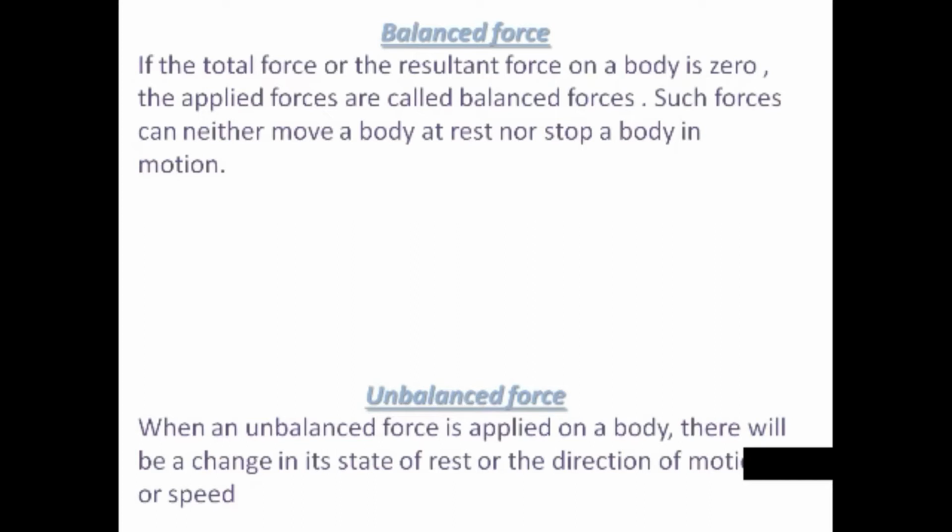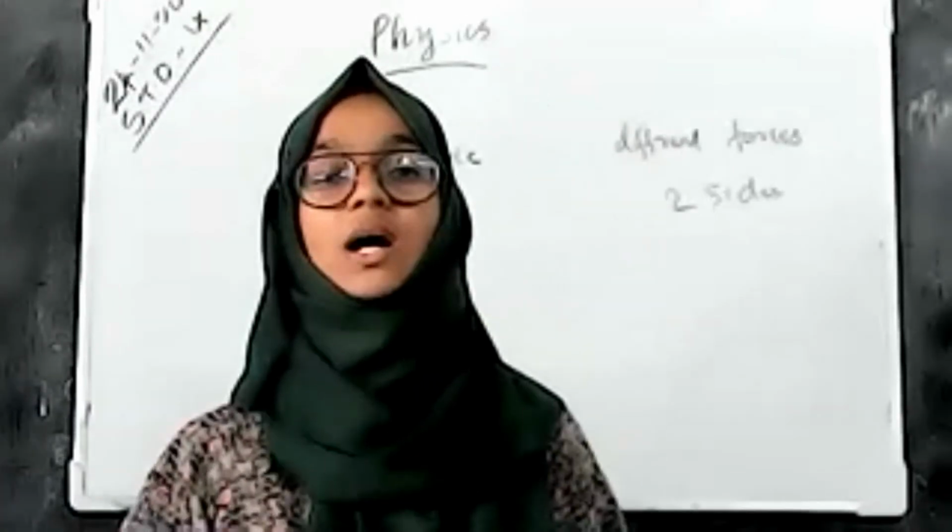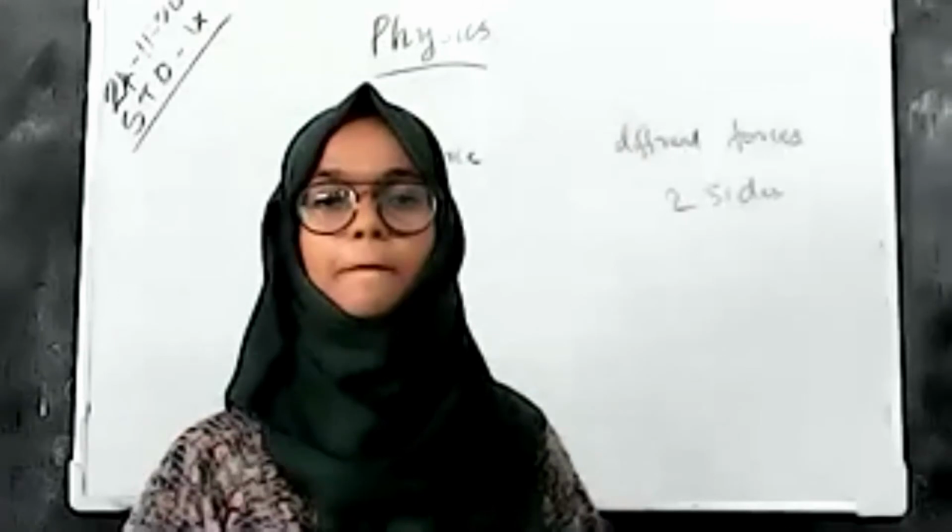An unbalanced force acts on an object with a different amount of force. That is, there is a change of force in the opposite direction. That's why this force changes the state of rest of a body, the direction of motion of a body, and also changes the speed of a body. So I think all of you understand what a balanced force and an unbalanced force are.